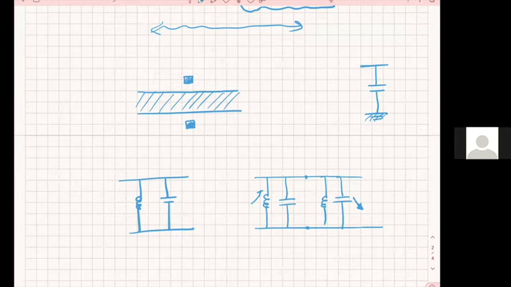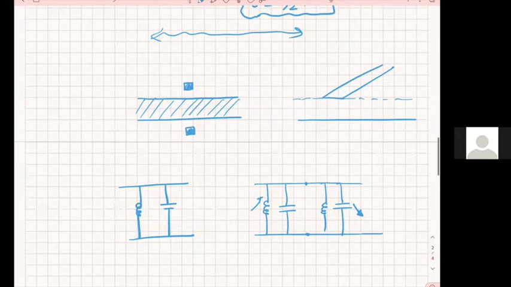I will bring the ground to the line, which means if I were to erase that and do a side view, in fact, I will do a 3D for you. If my line goes like that, and my ground is here, and that's the dielectric, then I create a via hole here, which I can do, and bring my ground up here.